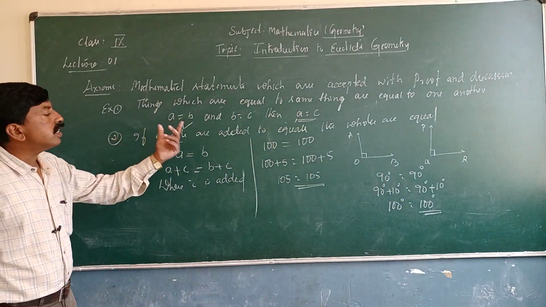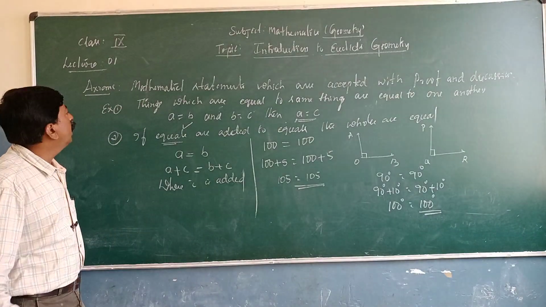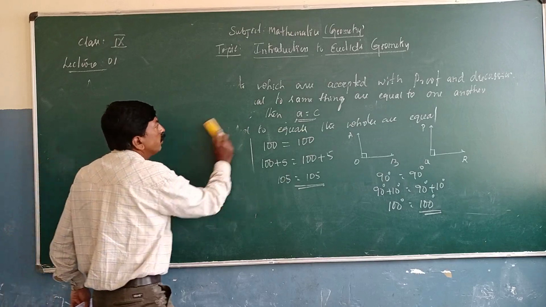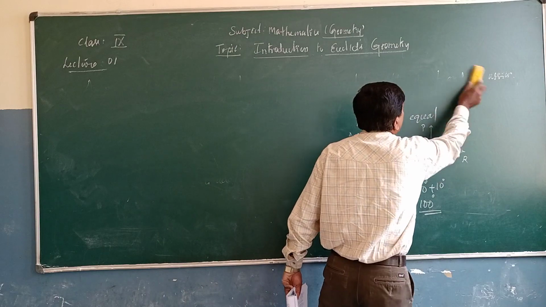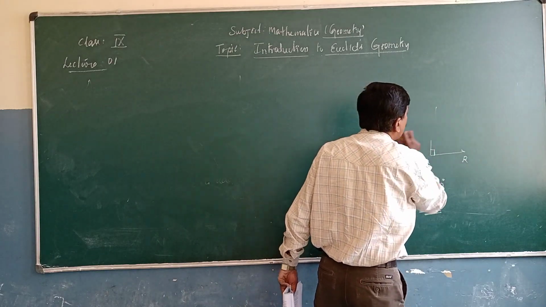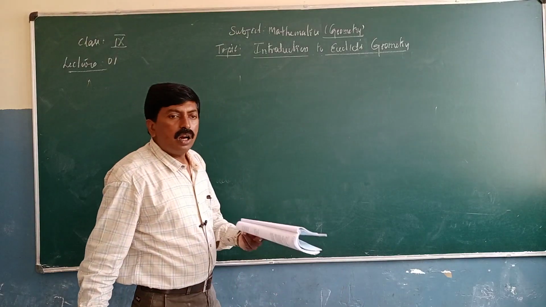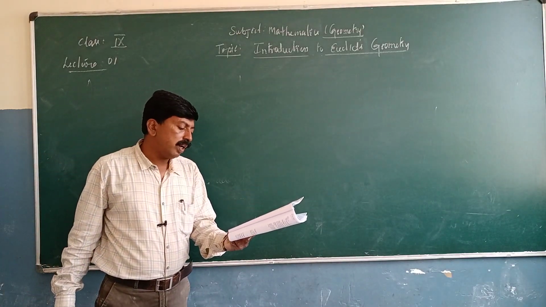If equals are added to equals, the wholes are equal. Now let us pass on to the third axiom. So two axioms we discussed here. If equals are added to equals, the wholes are equal.